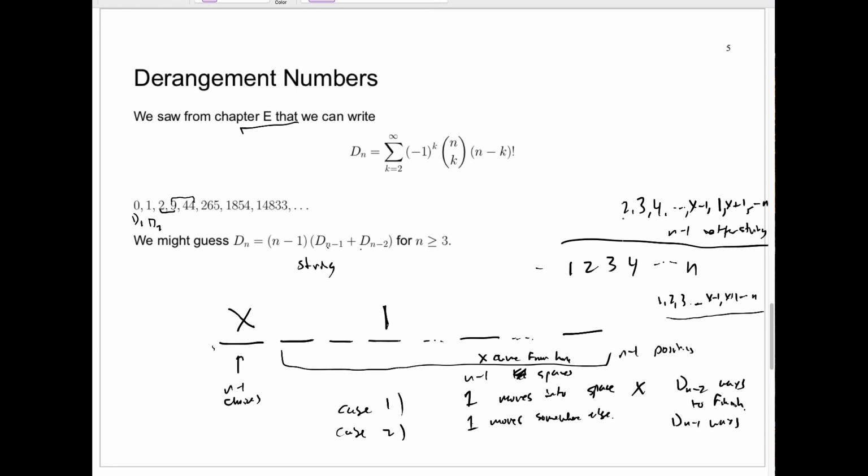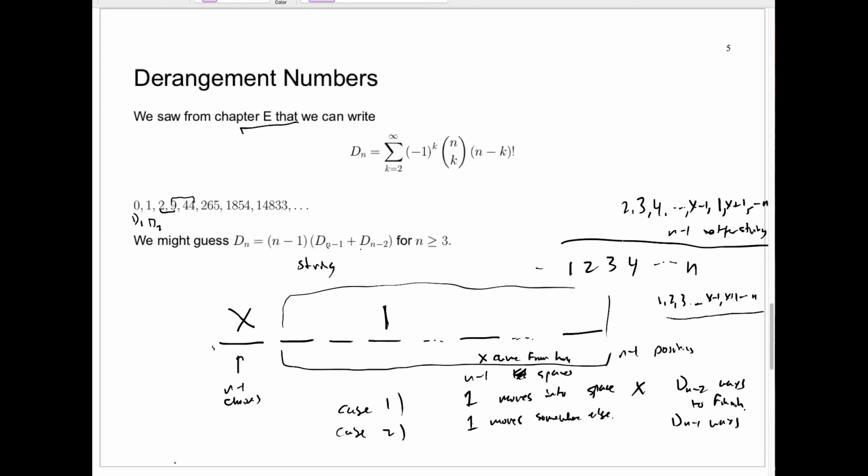And all of the elements 2, 3, up to n can't go in their original positions. Now you see their original positions are kind of moved down once, so when I fill them in, they'll be in what were the original positions for those numbers in the original string. So any derangement of this string filled into these n minus 1 spaces will give me a derangement of my original string.